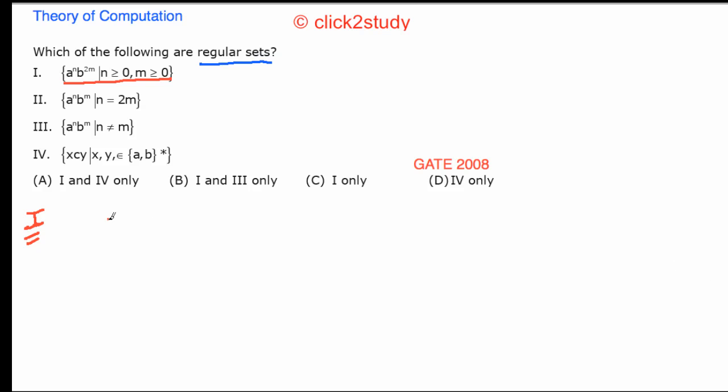I start here. I can definitely accept the empty string, for when n is 0 and m is 0, it is an empty string. Then I can keep on reading a's and keep on accepting them as many times as I want. Then I can make a transition from here to another state.